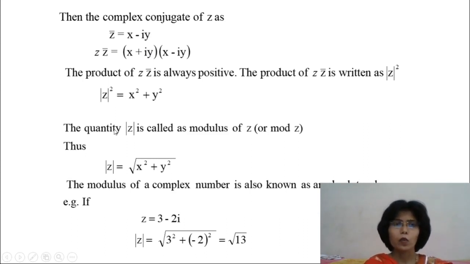So mod of z will be the square root of x square plus y square. The modulus of the complex number is also known as the absolute value. For example, if z is equal to 3 minus 2i, its mod will be the square root of 3 square plus minus 2 square, so it will be square root of 13.